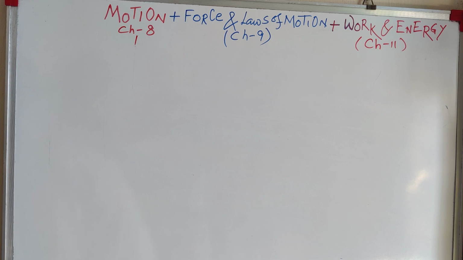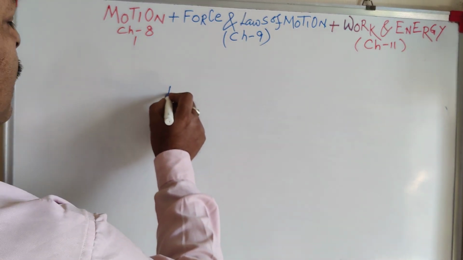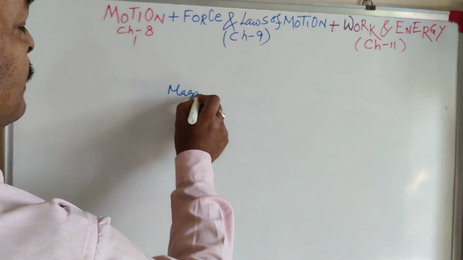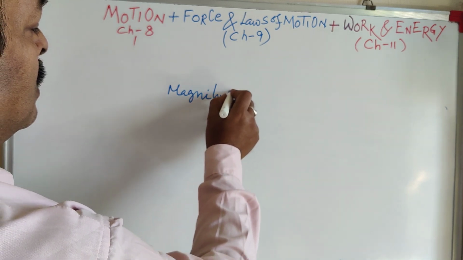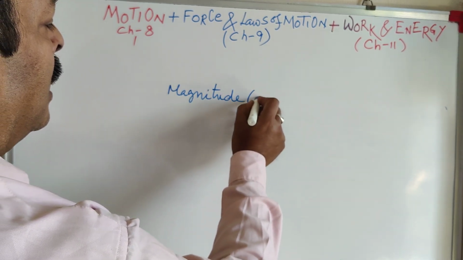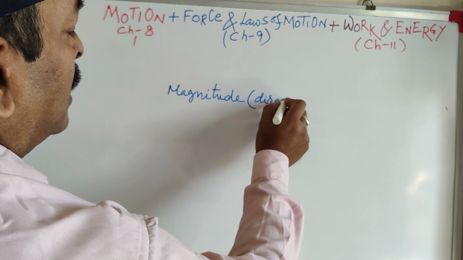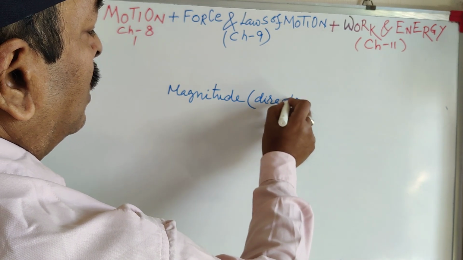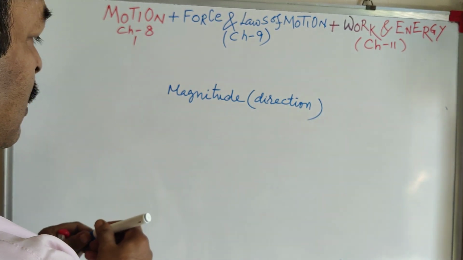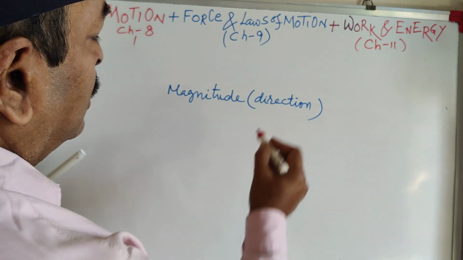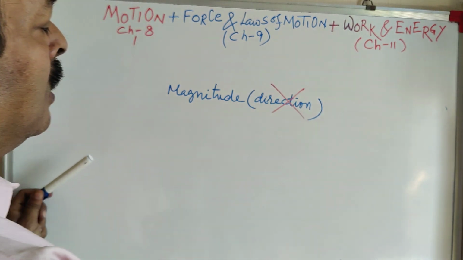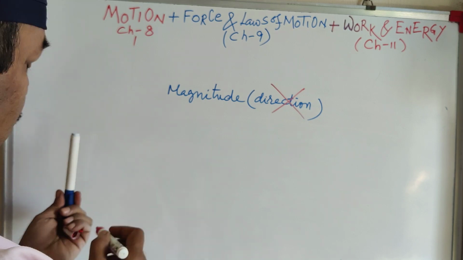Distance means no particular direction, so only magnitude. Direction is not considered. I have written direction and I cross it out. Only magnitude.